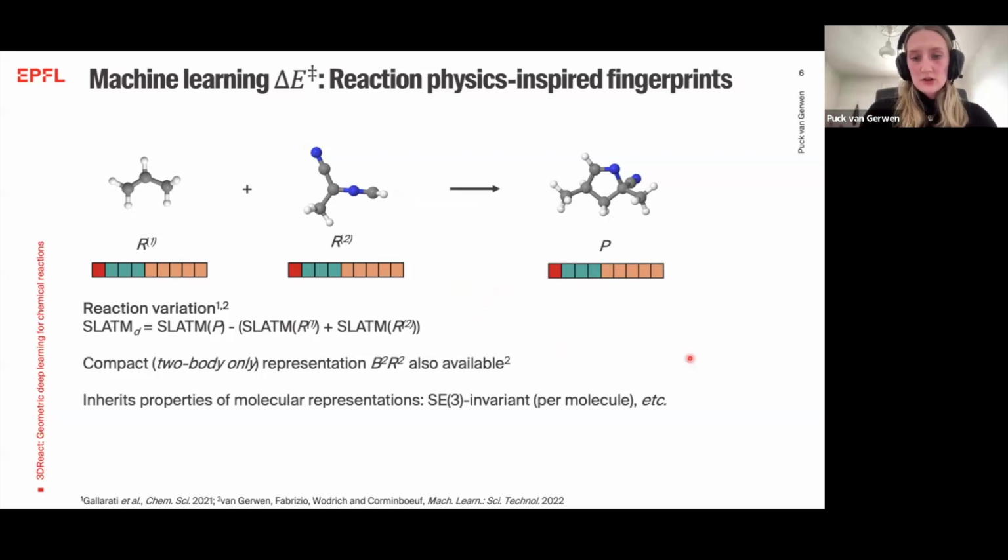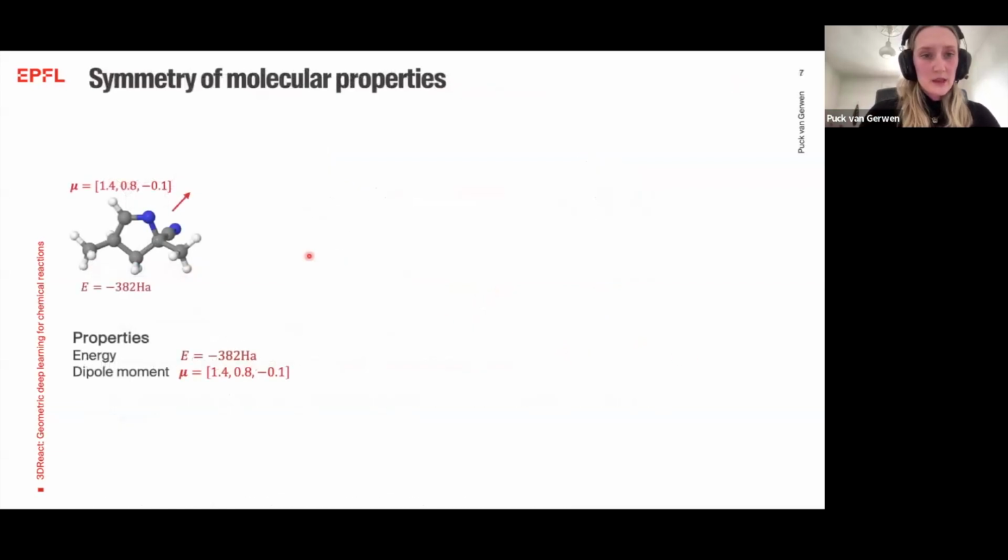So just to go into some more detail as to why these properties are important, if we look at a molecule here, I can look at some of its properties. I might want to look at a scalar quantity, which is the energy, and I also might want to look at a vectorial quantity, which in this case is the dipole moment.